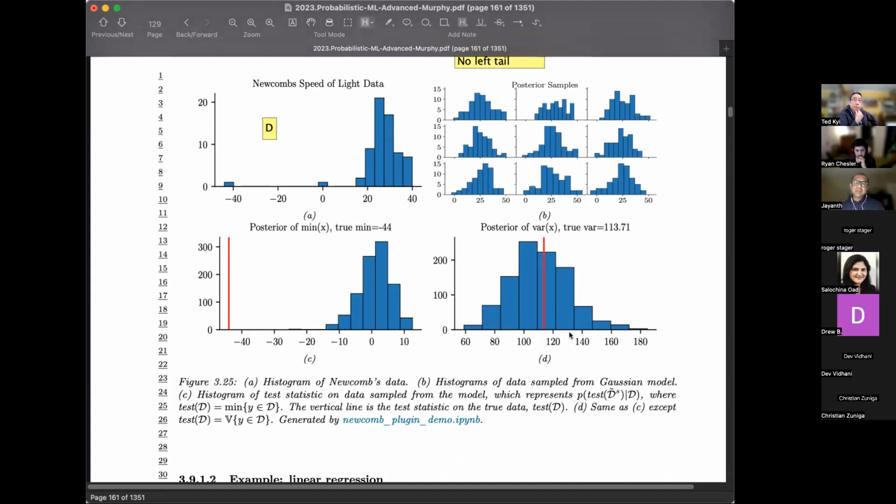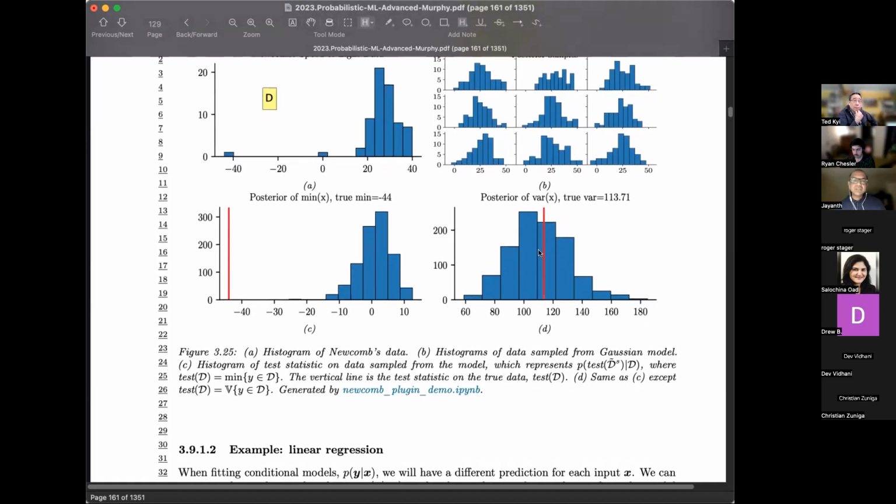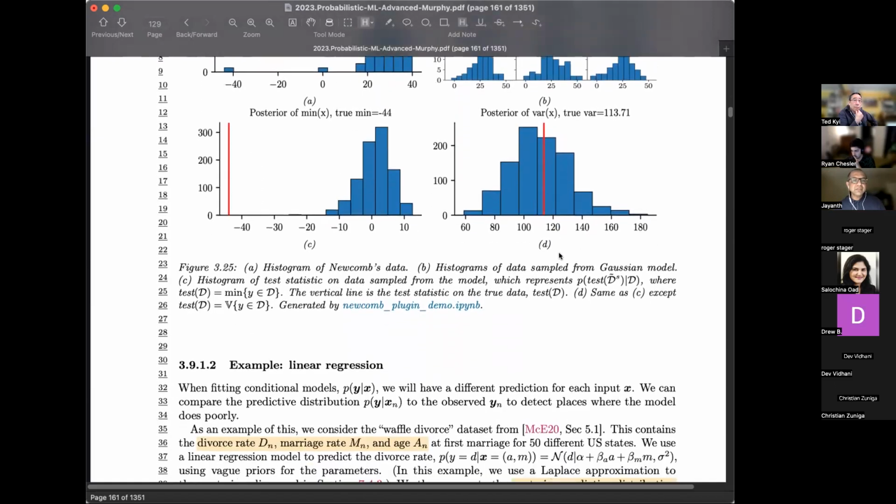But if you're doing the variance, here's the true variance in the red line, and what you have modeled all falls around it. Therefore, your model is able to capture the variance of X. That's what this is showing.